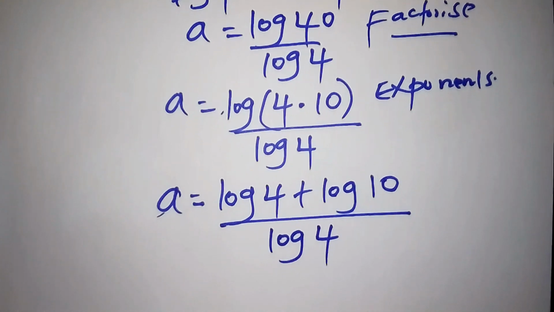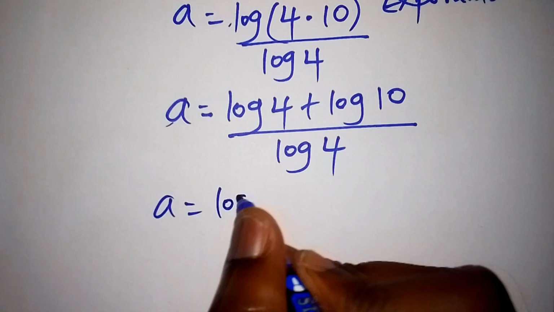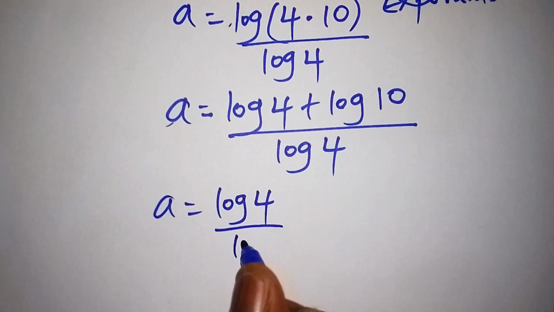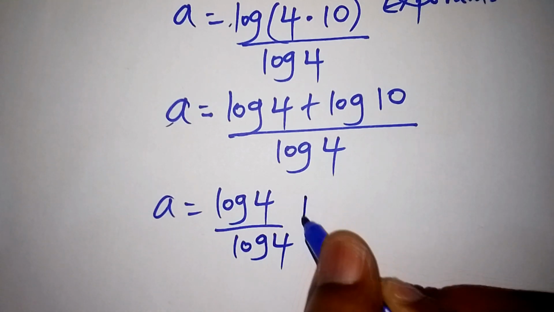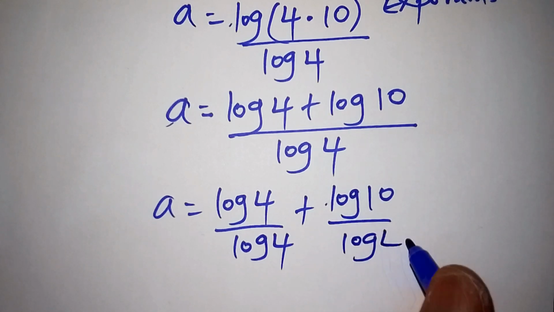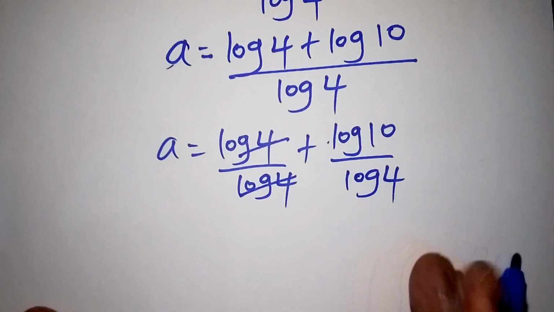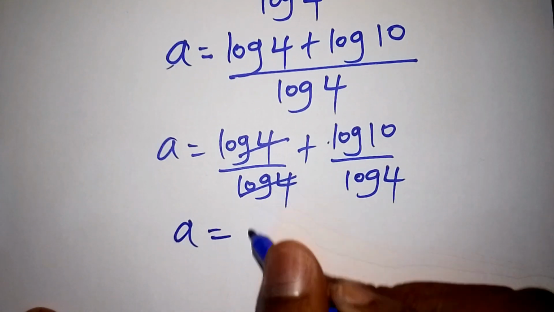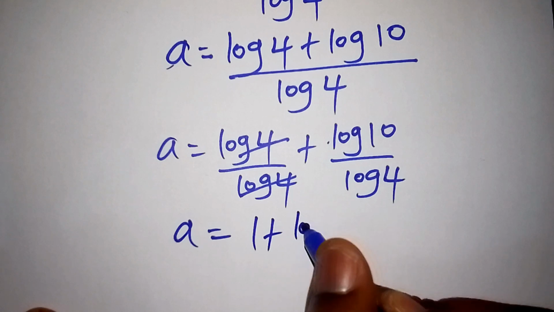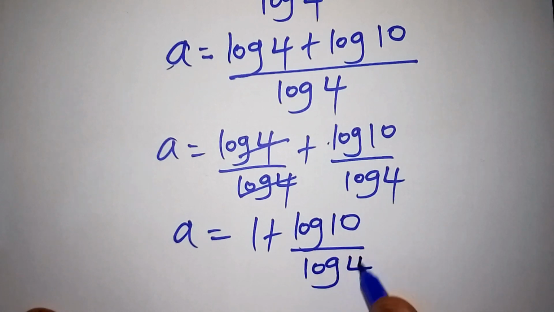Now we divide by the log of 4, so our value for a equals the log of 4 over the log of 4 plus log 10 over the log of 4. Log 4 and log 4 cancel, so a equals 1 plus the log of 10 all over the log of 4.